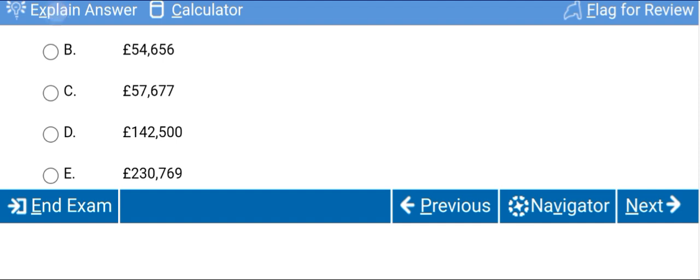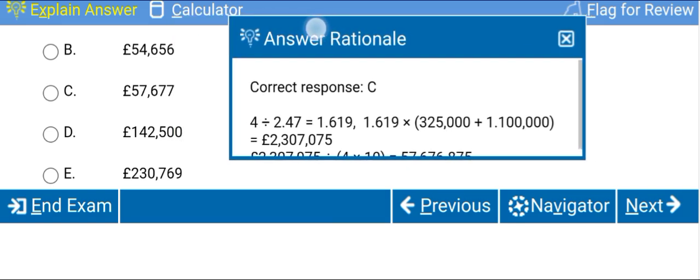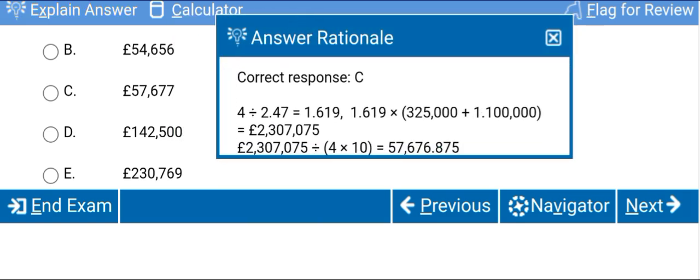So the correct option we have is the option C, as 4 divided by 2.47 equals 1.619. So 1.619 multiplied by 325,000 plus 100,000 equals 230,7075 pounds.